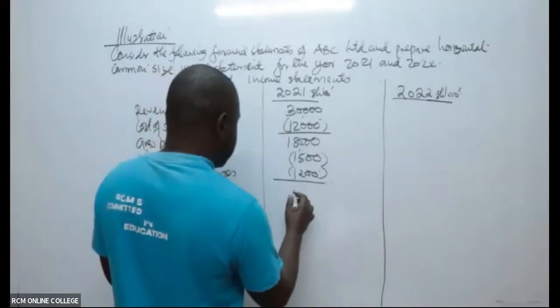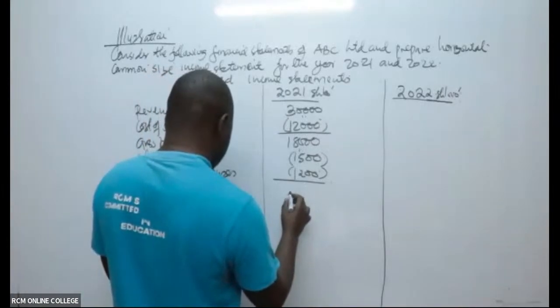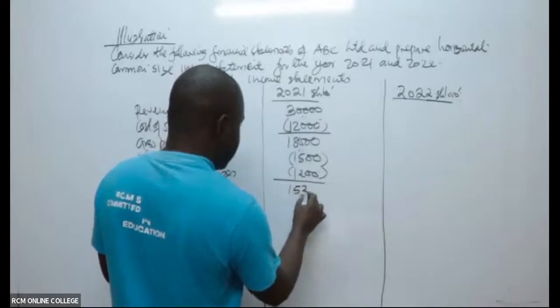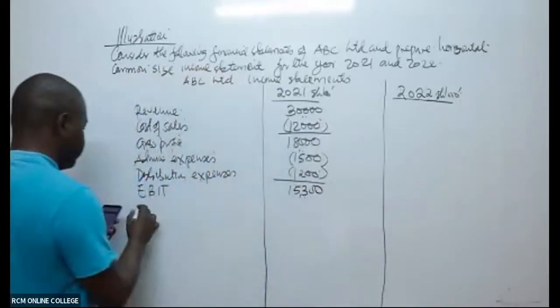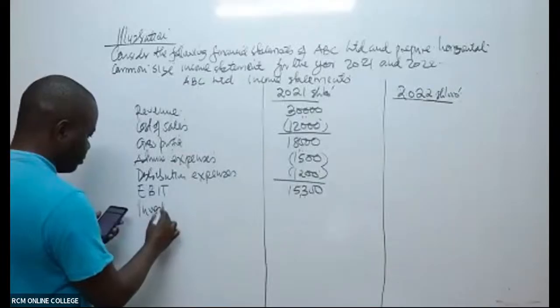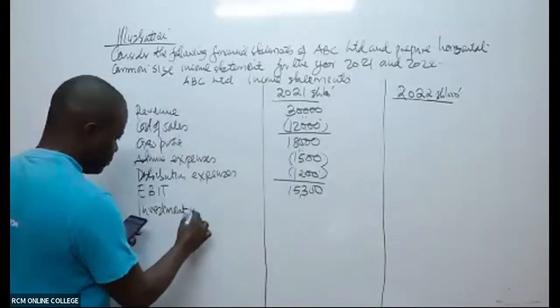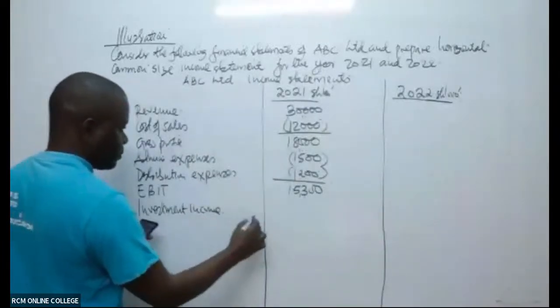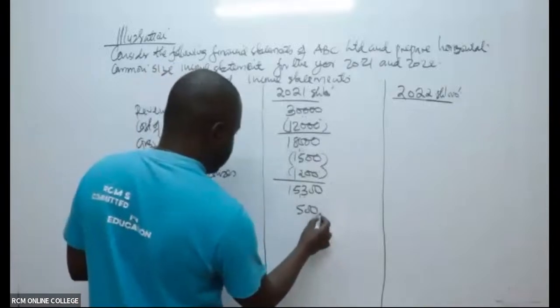Then there is a finance cost or investment. Maybe you can say there's an investment income of 500.